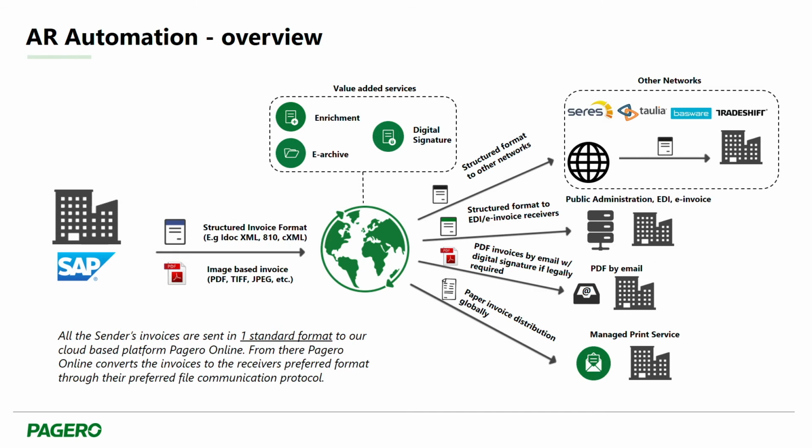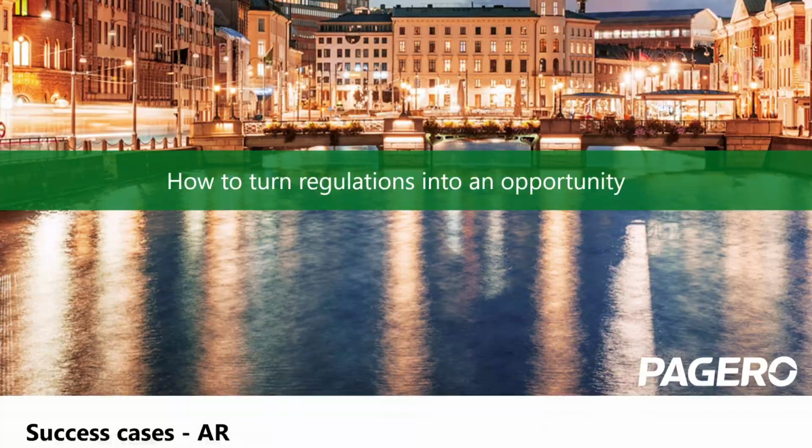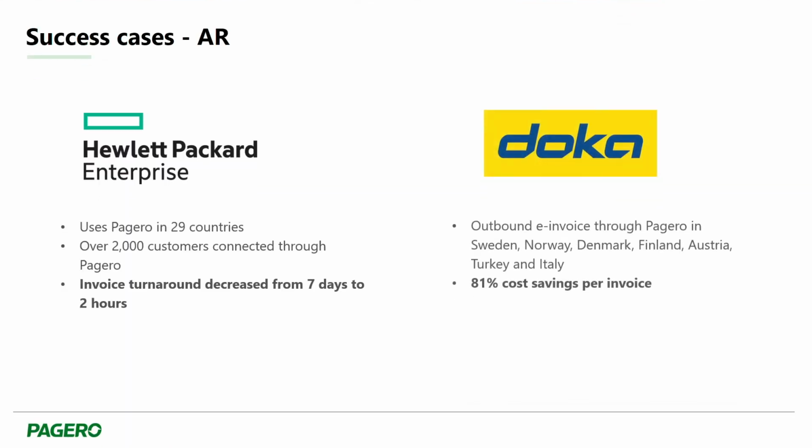Good. So that's just a brief overview of what we do and what we help our clients with on the AR side. I'd also like to take this opportunity to give you two good examples of companies who have managed to turn a requirement into a business opportunity or business advantage. That's HP as well as Duka.